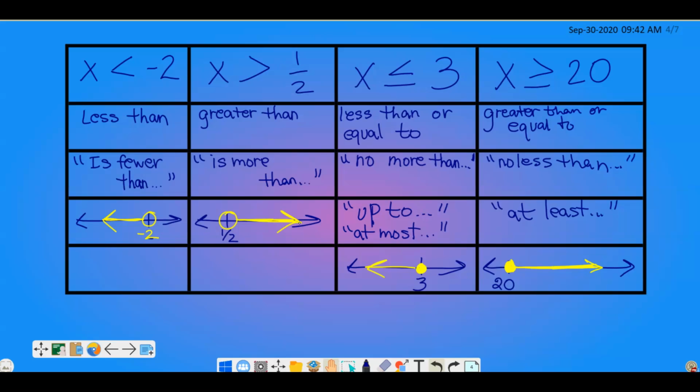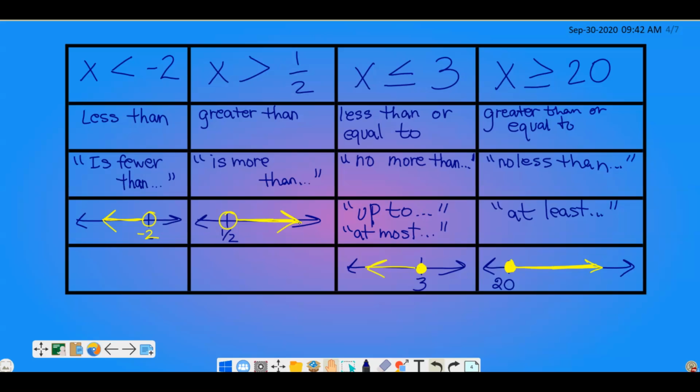So let's move on to the next example. X is less than or equal to 3. This is what this means in words, less than or equal to. And there are 3 other ways that you could see this written: no more than. So it can be that, but it's not more than that.